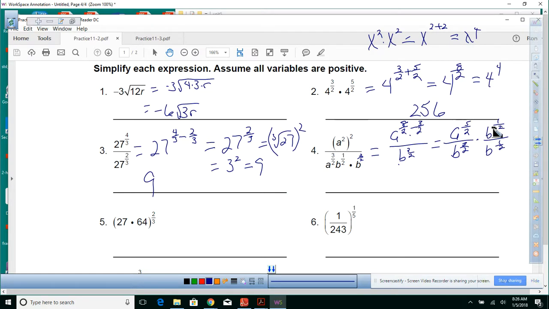So we don't actually change the equation. That's going to give us a to the 5/2 times b to the 1/2 over, and then 3/2 plus 1/2 would be 4/2. So that would give you b squared. So that's proper form right there.